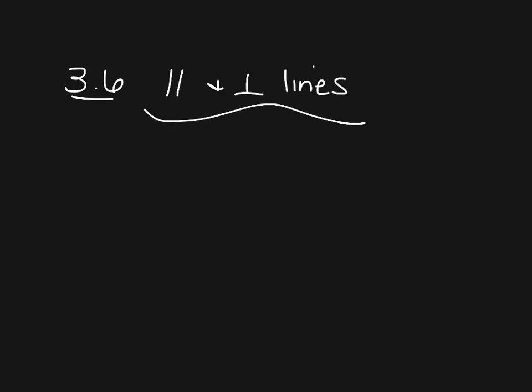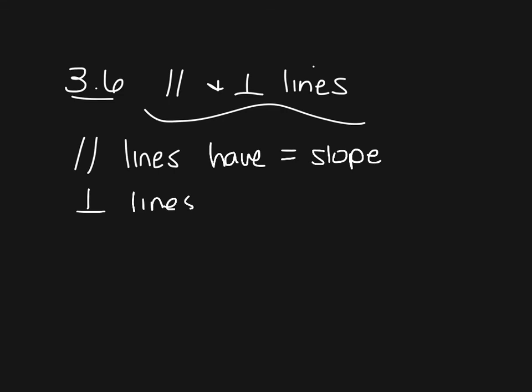Also in 3.6 was parallel and perpendicular lines. So we learned that parallel lines have the same slope, and perpendicular lines have slopes that are opposite reciprocals.